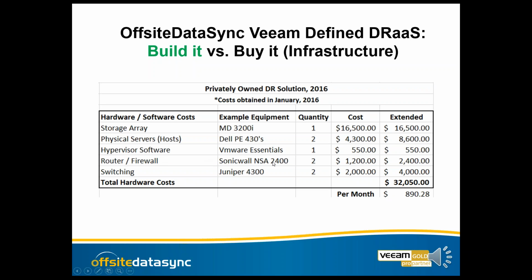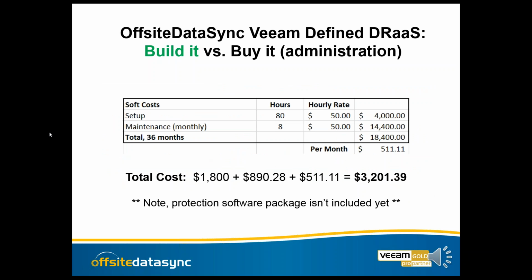I chose the SonicWall NSA 2400, which I know is fairly common in small business or mid-market, along with some core switching, Juniper 4300s. I took the costs, extended them out, added them up, and divided by 36. I didn't get fancy with lease rate calculators, so I simply took $32,050 divided by 36. That's $890 a month.